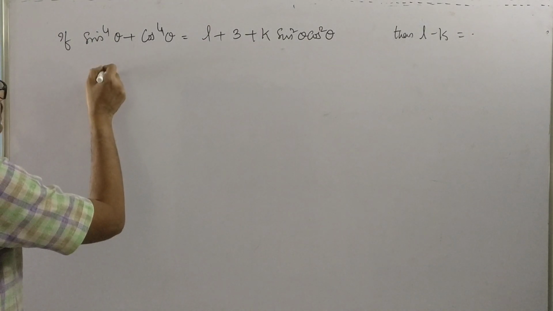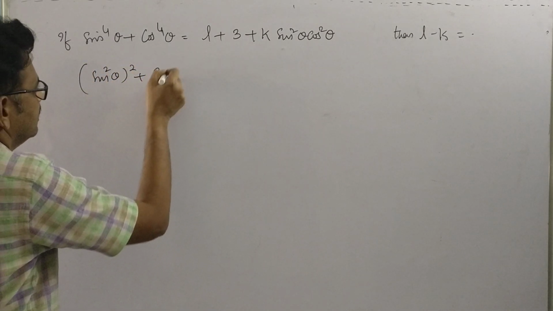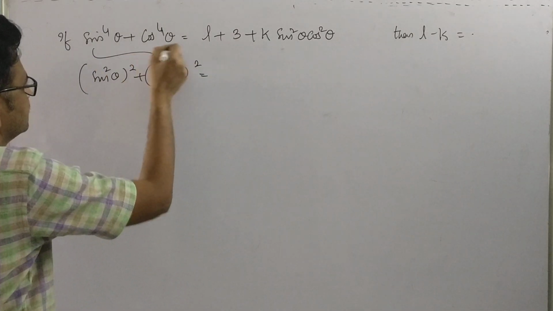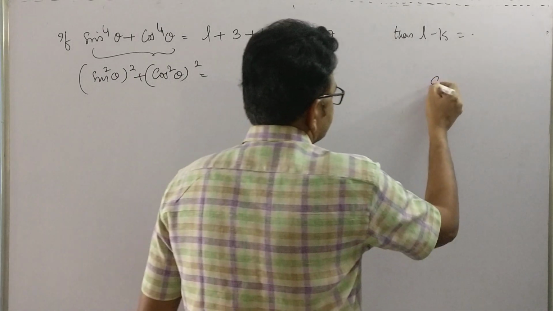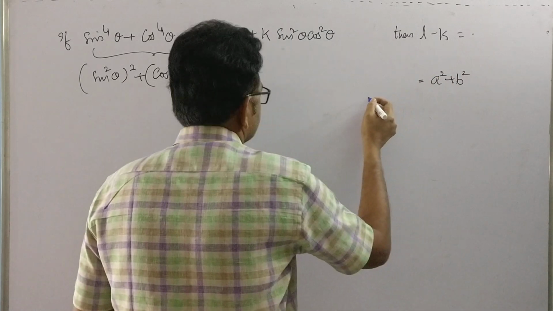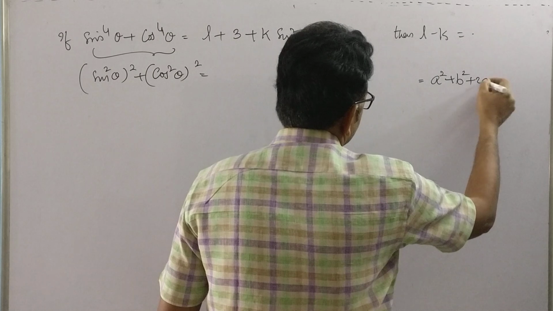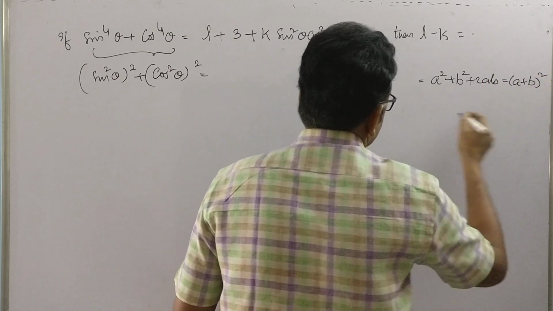So this is sin square theta whole square plus cos square theta whole square. This is A square plus B square, which can be written as: A square plus B square plus 2AB is equal to A plus B whole square.